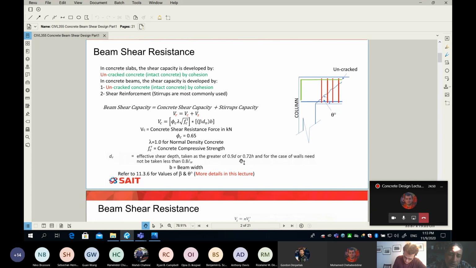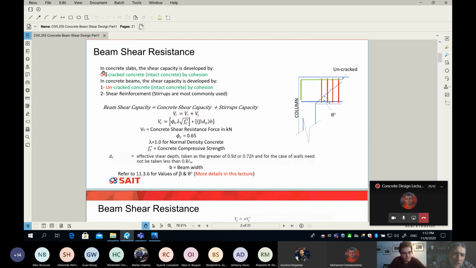In slabs, we don't add any stirrup. It's only our concrete. It should be able to resist the shear forces. We went through the exercise, and we gave you one numerical example. Now, today in class, we will cover beam shear design.